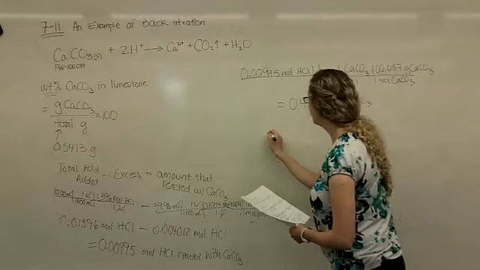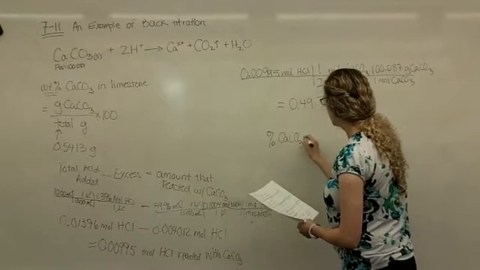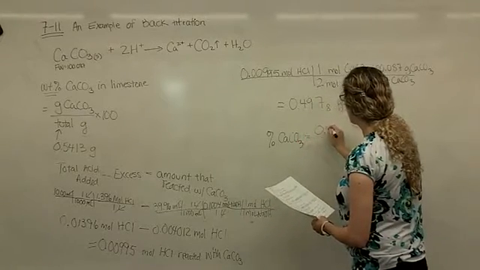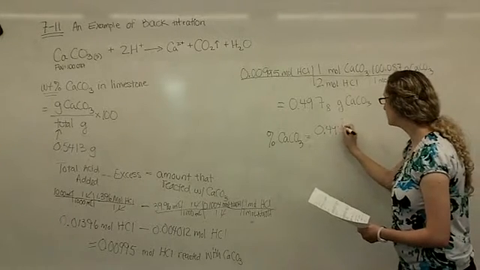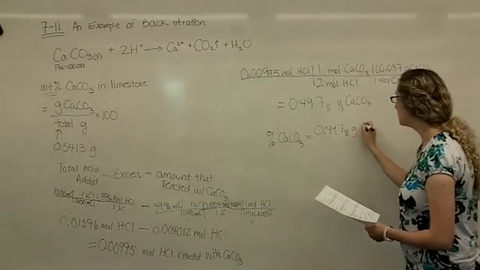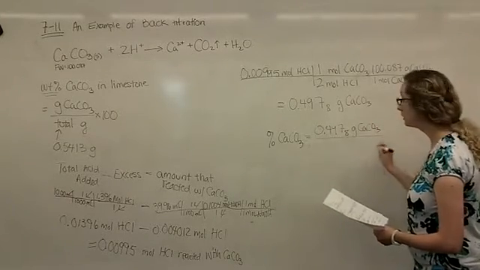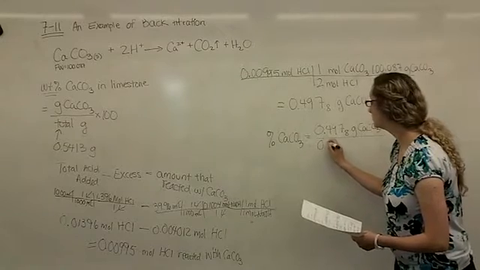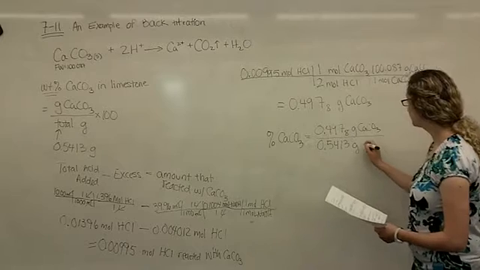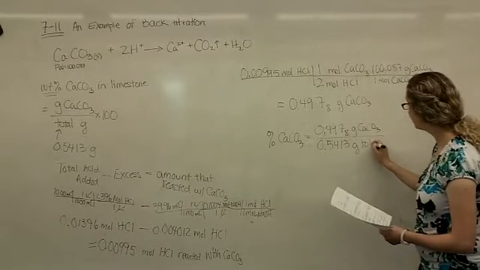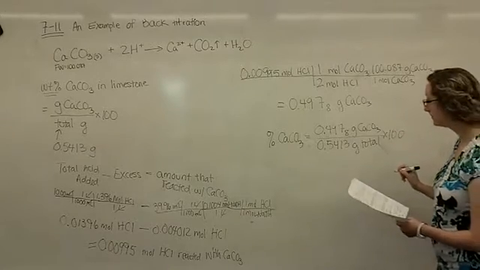So last step, find the percent calcium carbonate, and that equals 0.4978 grams calcium carbonate over 0.5413 grams, which is our total, times 100.